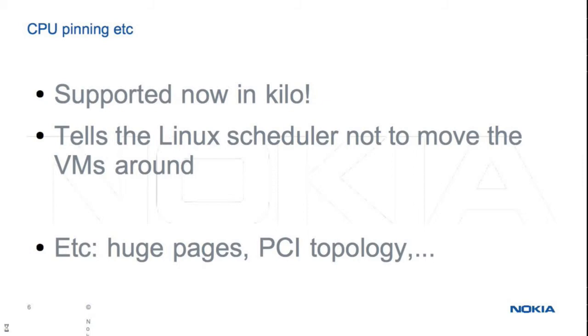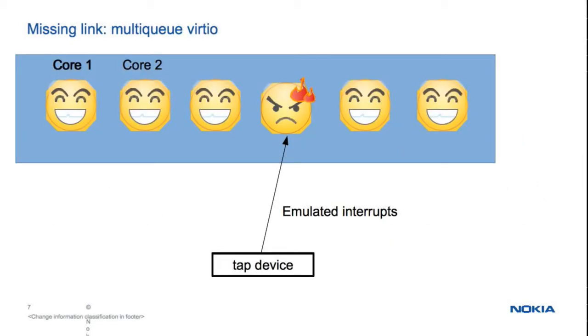And then one final thing that is missing from OpenStack is MultiQ VirtIO. In this picture there are a number of virtual cores running in a virtual machine. The blue box is a virtual machine, and there are a number of virtual cores, core 1, core 2, and so forth.